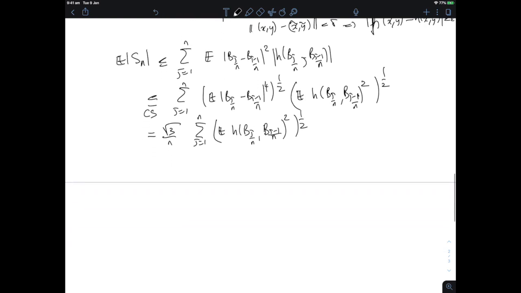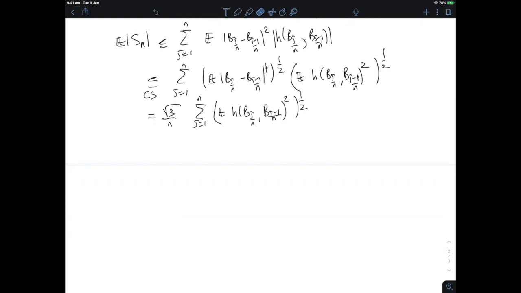So you can look at two sets here, and you can say that there are two possibilities. Either B_{j/n}, B_{(j-1)/n} is close to 0, or it's not. So if it is close to 0, by uniform continuity I know that h is smaller than epsilon, so I can have an epsilon squared on the set of all those omegas in capital Omega for which B_{j/n} is close to B_{(j-1)/n}.